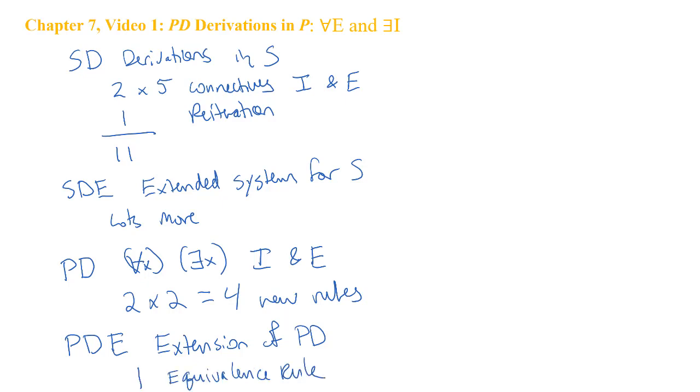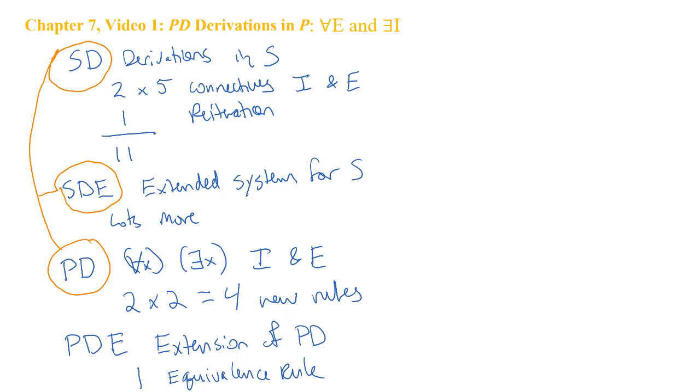So by the end of Chapter 7, we'll actually have 4 derivation systems. Remember that SDE includes all of the SD rules. Similarly, PD is going to include all of the SD rules. And depending on what your instructor wants, PD might also include the SDE rules.